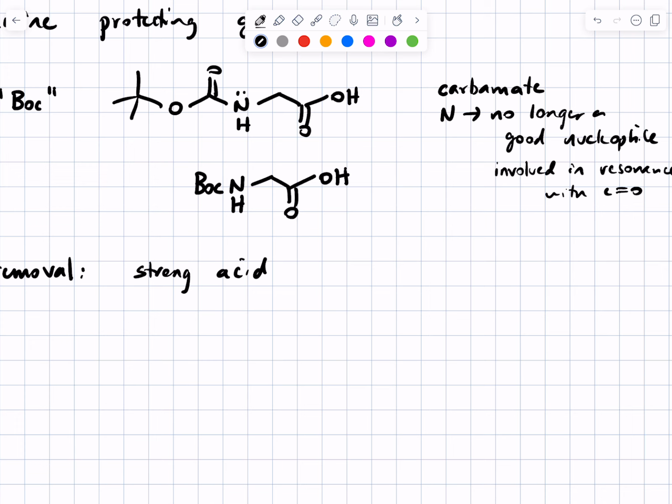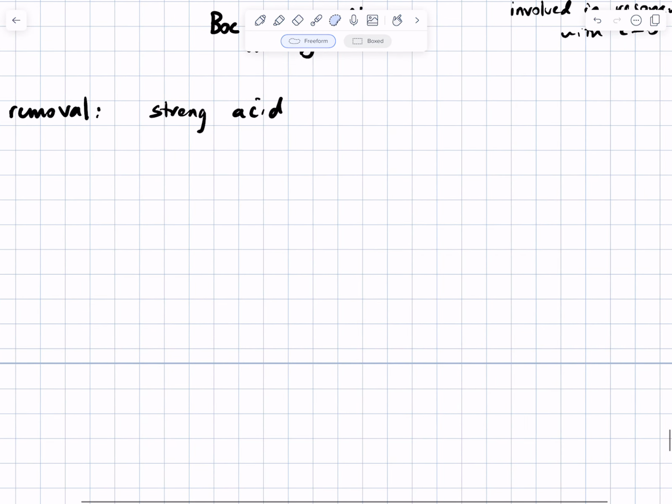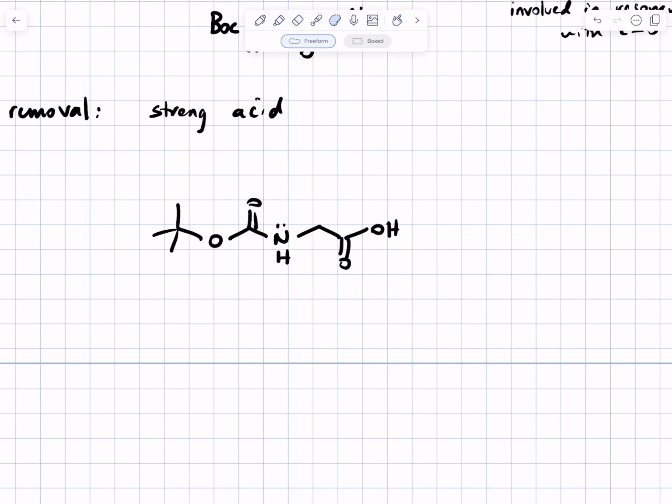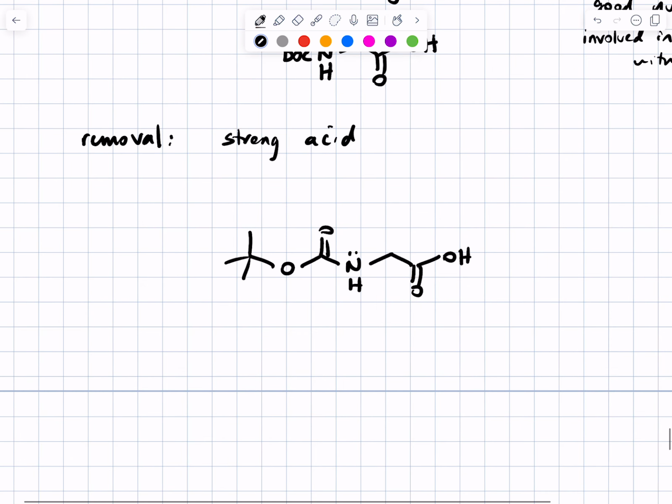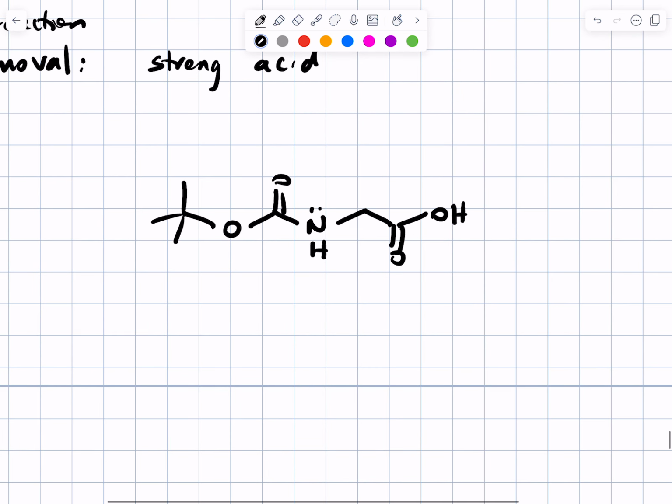And what's thought to happen is that the reaction is something of an SN1 reaction in strong acid. I'm going to show the deprotection reaction, or removal, all at once, though you could show it stepwise. Here is your strong acid.